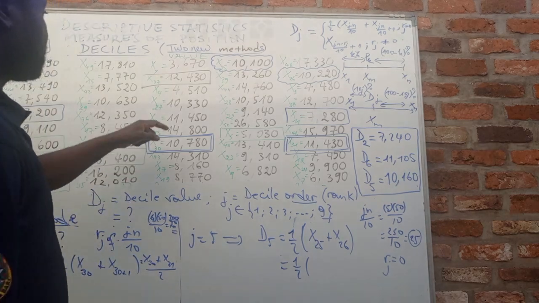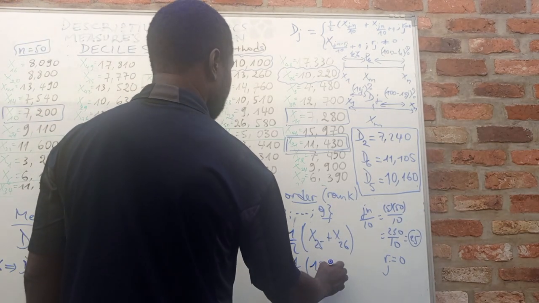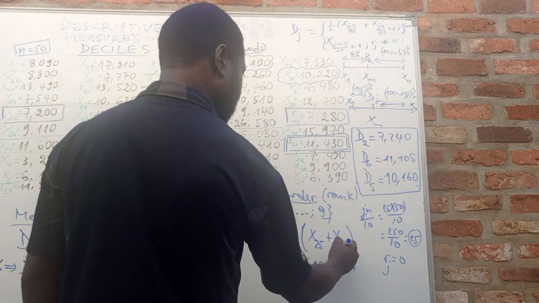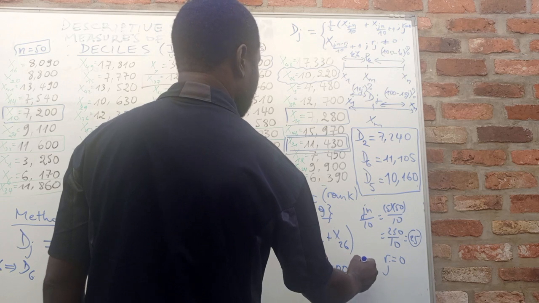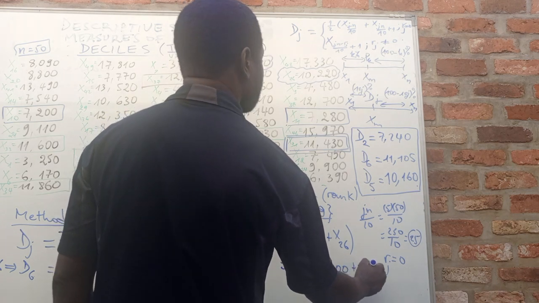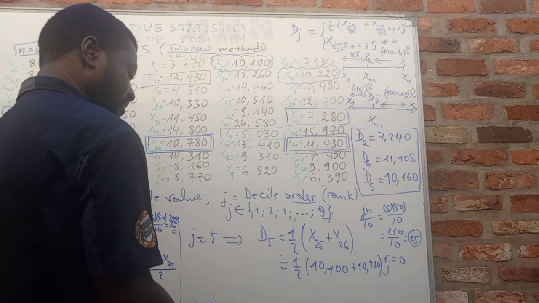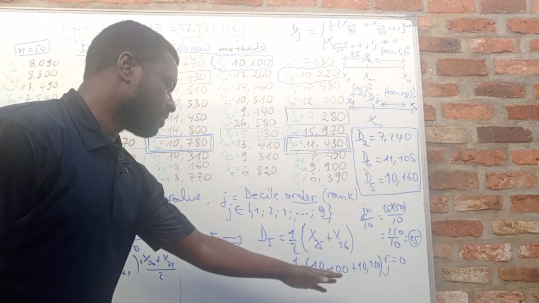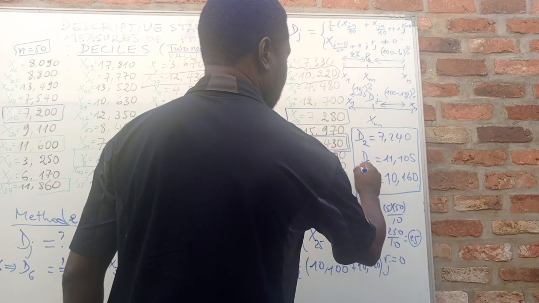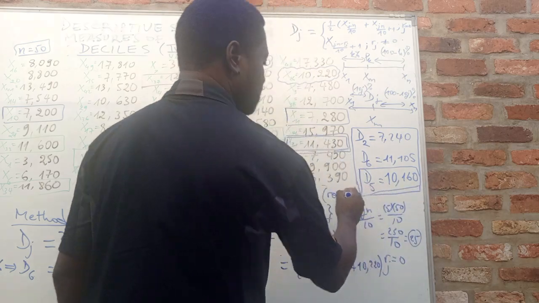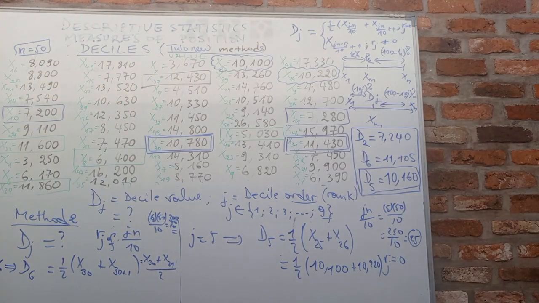So we have found x sub 25, 10,100 plus x sub 26 has been proven to be 10,220. Now when we add up these two values and divide by 2, it obviously is going to have to be 10,160.